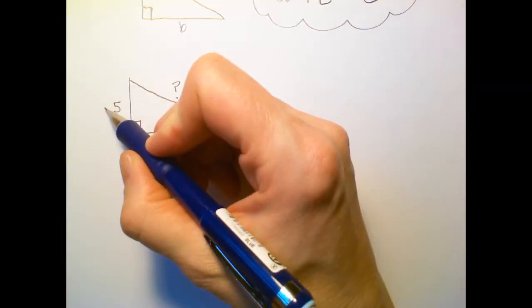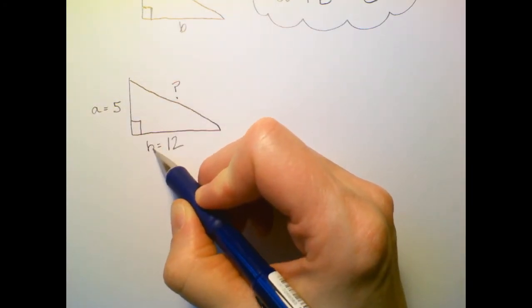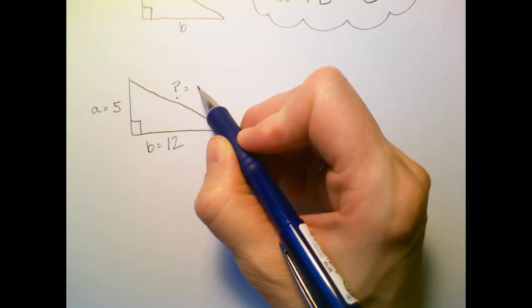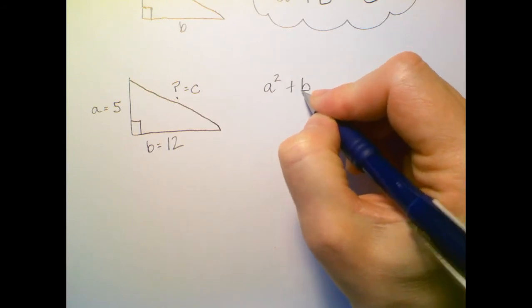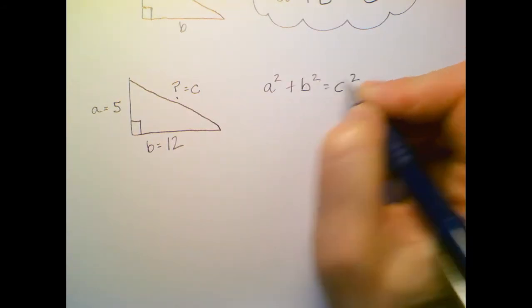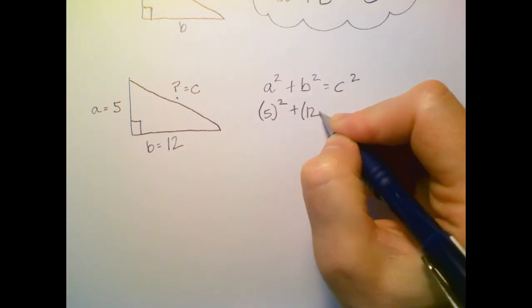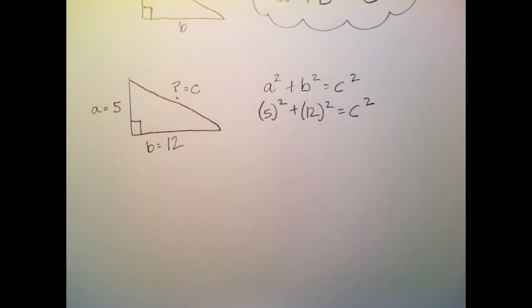Okay, so we are going to go ahead and label the two legs with A and B, and the question mark is on the hypotenuse, so it has to be the C. And then all we're going to do is substitute our numbers into the Pythagorean theorem. All right, and then we solve it.